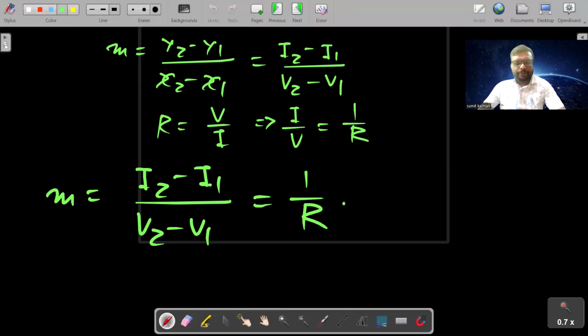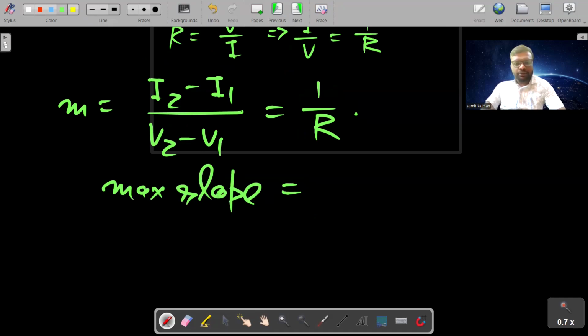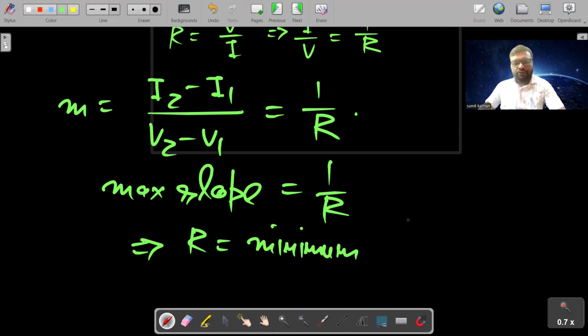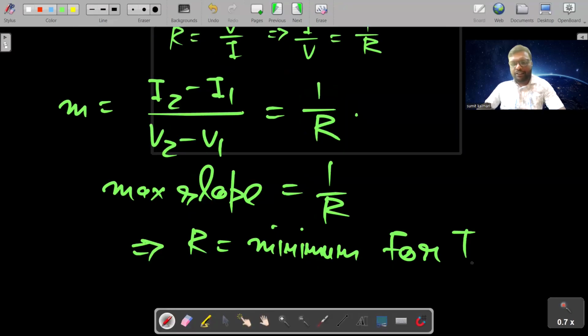So here our slope is maximum. So maximum slope is equal to 1 upon R, which implies our resistance R is minimum. Minimum for which temperature? Here the temperature is T1. So R is minimum for temperature T1.